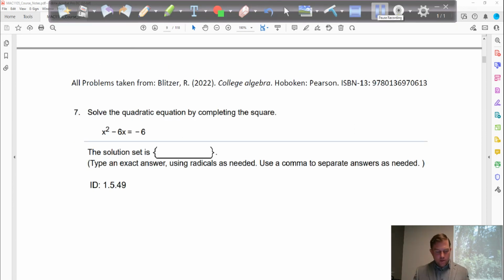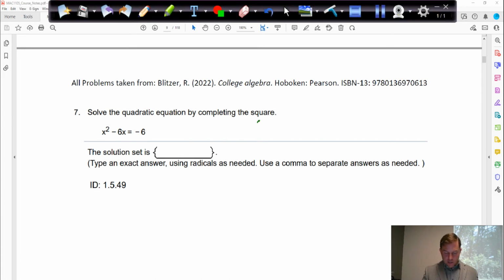Okay, for 7, it wants us to do the same thing. It wants us to use that same pattern. So it's going to say, okay, rewrite that x squared minus 6x into a bubble that is something squared, and then we're going to equal that minus 6. So if I write this as a perfect square trinomial, I'm going to have half of minus 6 goes here, so minus 3.